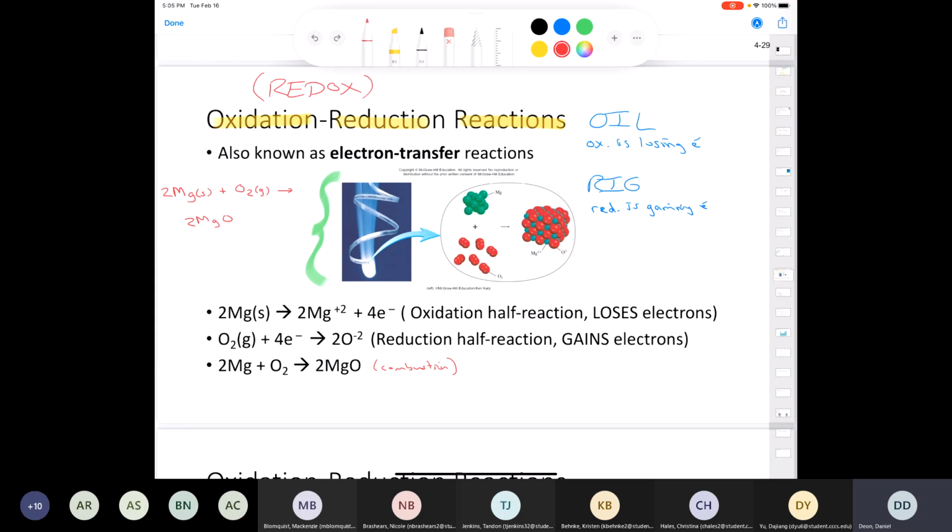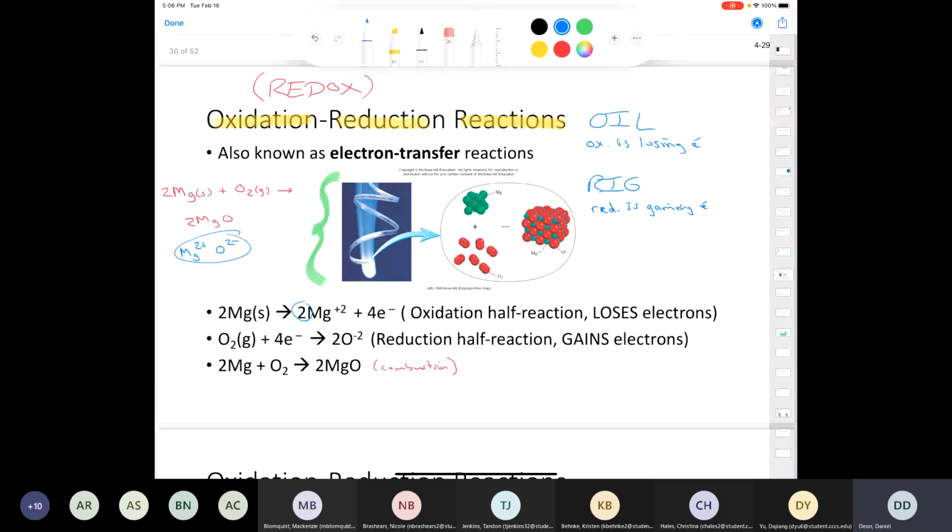However, when magnesium is found in magnesium oxide, you know from nomenclature that magnesium is an alkaline earth. It's got a charge of 2+, and oxide is 2-, and that's why they combine MgO to make magnesium oxide. So you're going from plain old magnesium with no charge, and you're forming a magnesium 2+ ion.